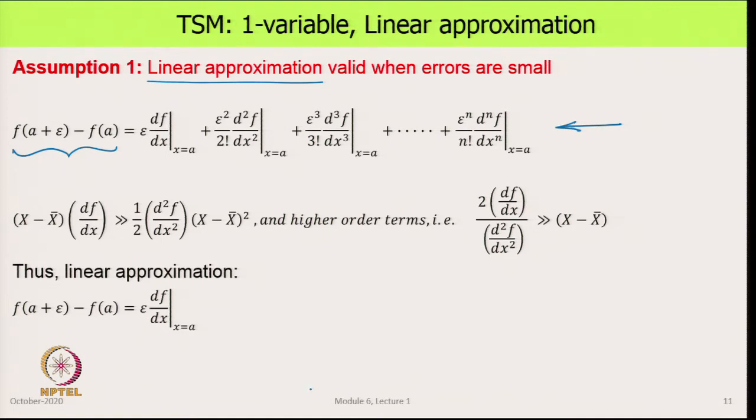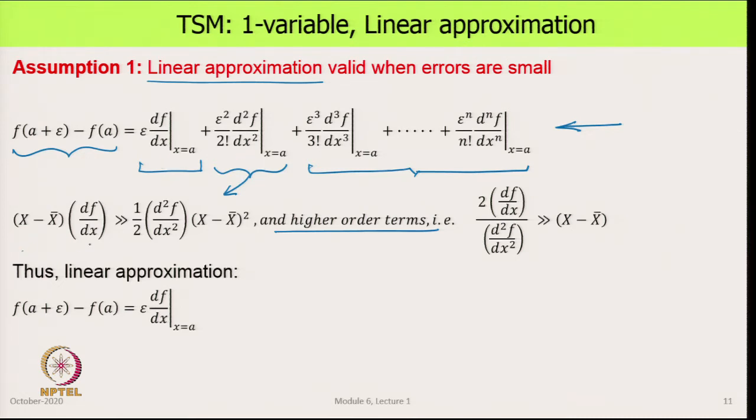And the linear approximation says that second and higher order terms are negligible compared to the first order term. So, we will say that these are all very small, and for this we come up with a criteria that this is very small in comparison to this.